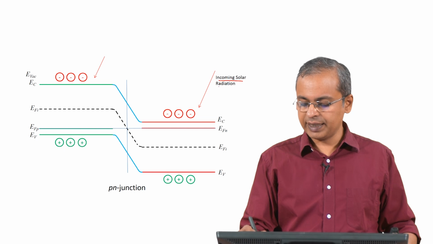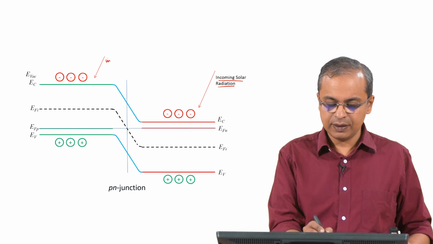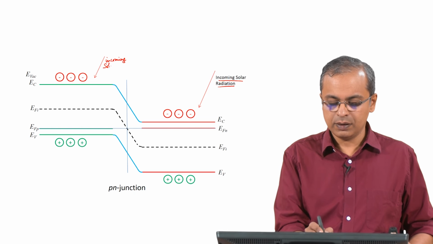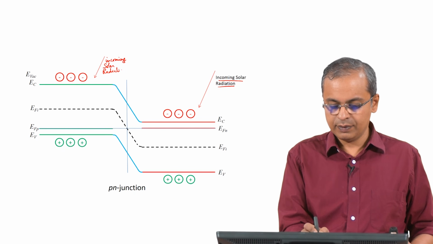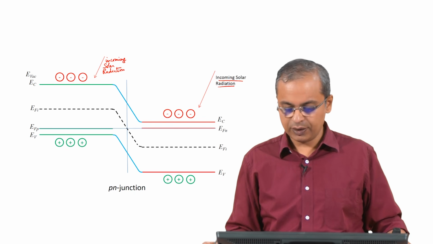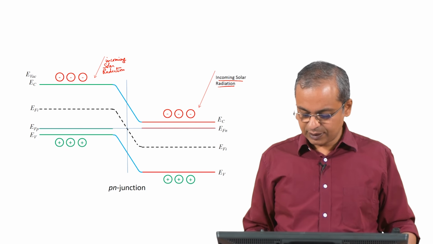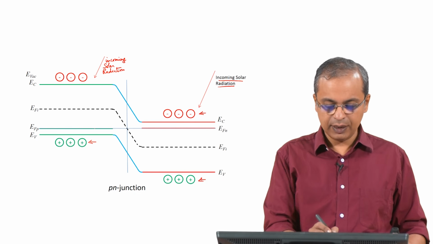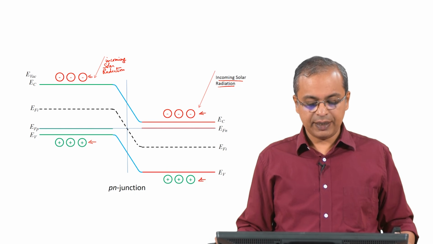There is incoming solar radiation on both sides of this junction, and you create these holes down here and these electrons up here. So, this is the situation we have created.